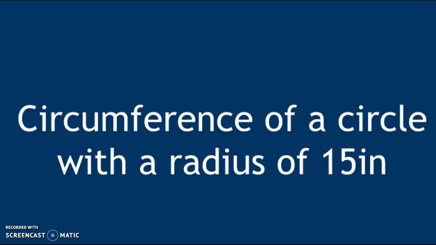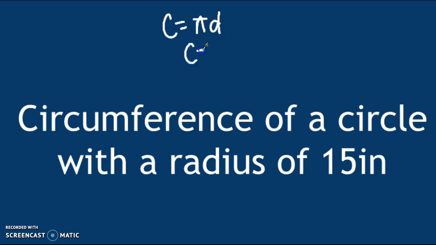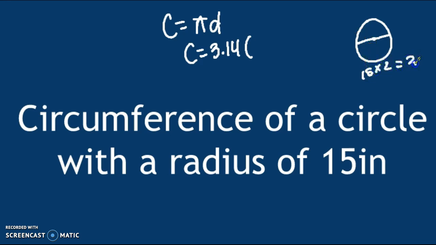Number 2, circumference of a circle with a radius of 15. So again, circumference is pi times diameter. C equals 3.14 times. The radius is 15. So half of that is 15. We want the diameter. So we're going to double that to get that the diameter is 30.